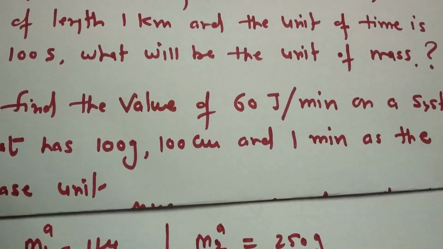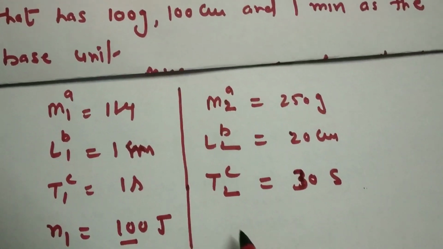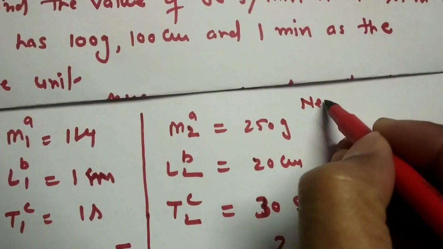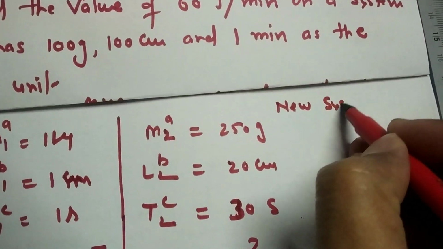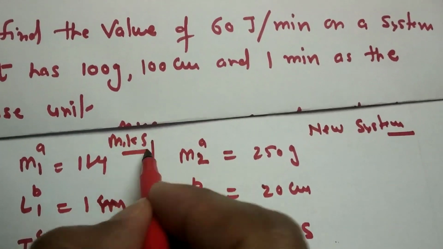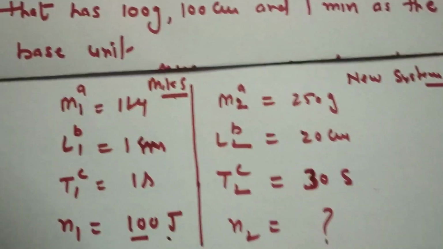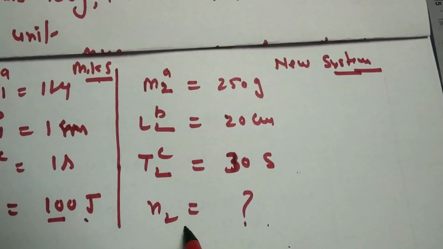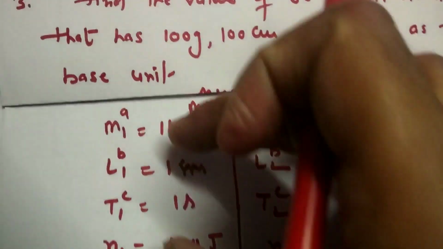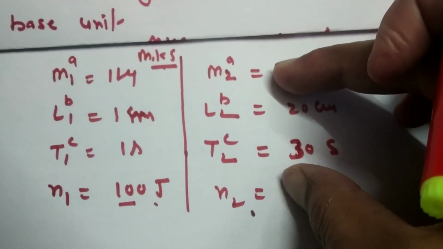The powers are the same, a, b, c, the dimensions will not change, we know that. And n2 we have to find. This is the new unit system, and this is MKS. So we have to convert 100 joule of MKS into how many n2 in the new system. Clear? Same thing, we will multiply these values, equal to these values.